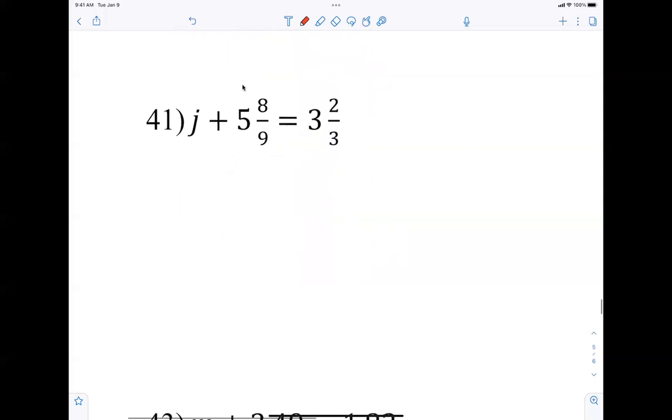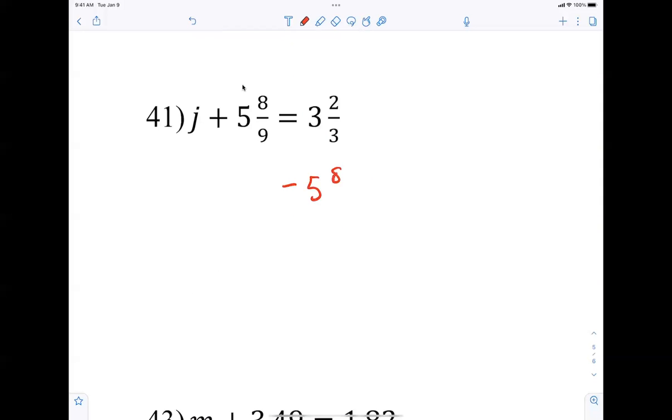All right, Nora, we're on 41. I'll let you in a minute, okay? So you're going to change 3 and 2/3 to 3 and 6/9. First, hold on. Subtracting 5 and 8/9.